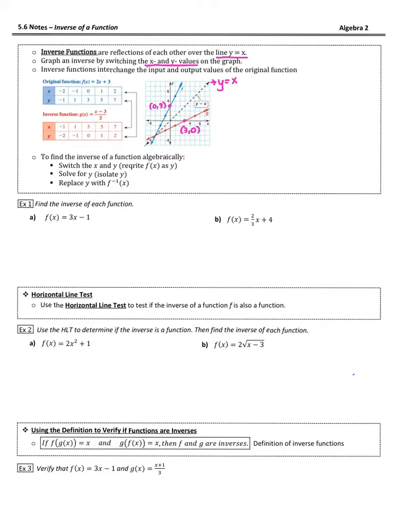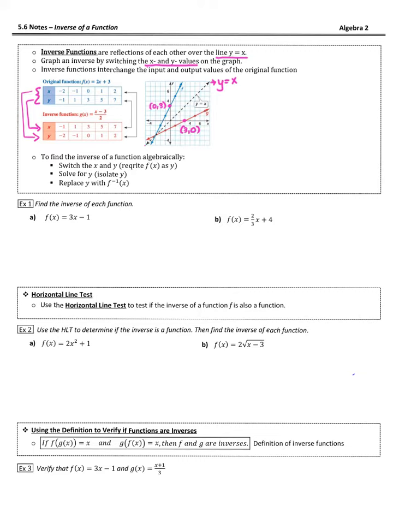So it's like switching your input and output. So if you look at this table here, the x values appear down here as the y values, and the y values appear as the x values. That is an indication that these are inversely related.